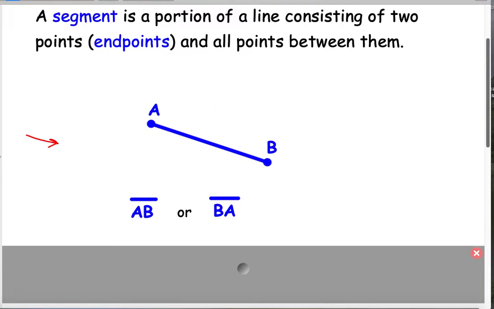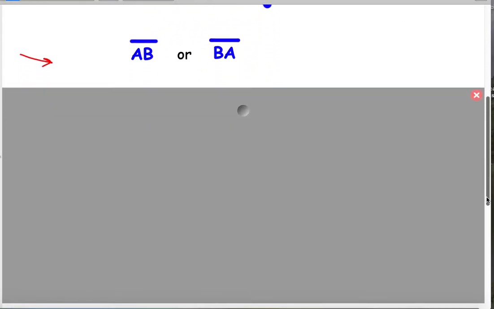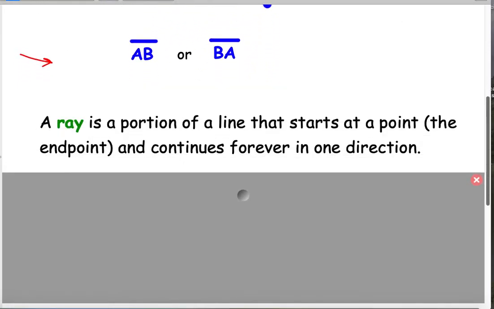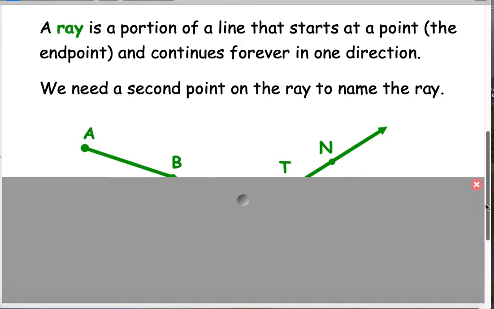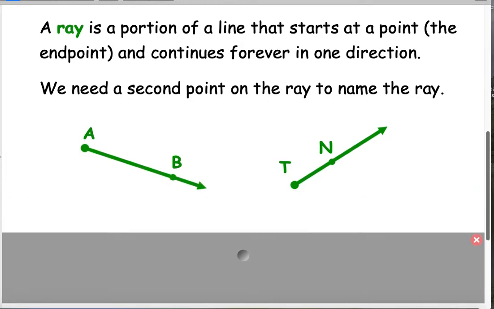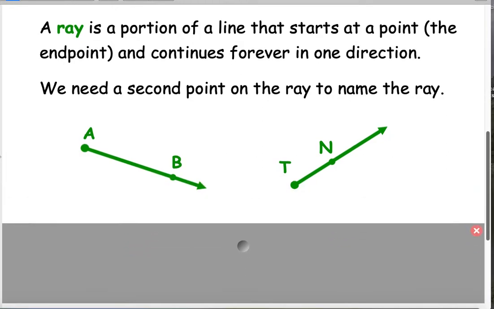All right, let's go to another object in geometry that's defined. A ray is also part of a line. It starts at a point called an end point. Now this only has one end point, and then it goes forever in the other direction. So in order to think of this, let me just draw a regular line.